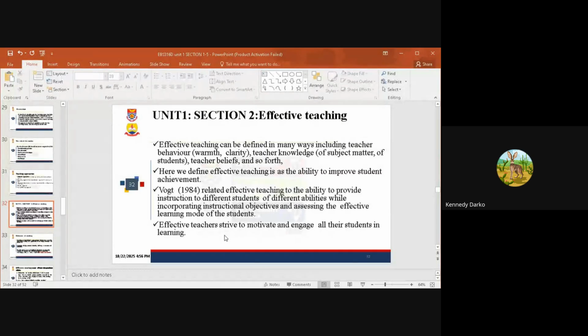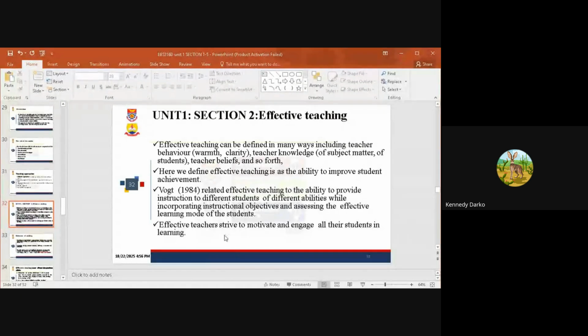So here we are saying that effective teaching can be defined in many ways, including the teacher's behavior, you the teacher, your behavior, the warmth, how do you receive the kids? Do you tell them, hey, do whatever? Clarity, are you able to give clear information to the students? Then teacher knowledge, your knowledge of the subject matter.